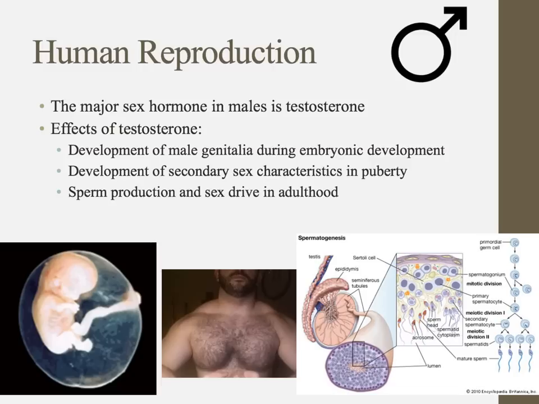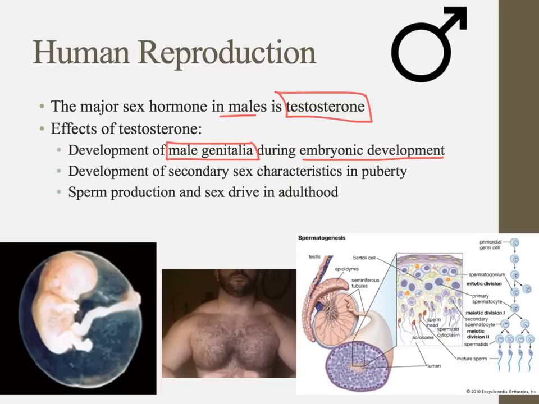Okay, so the major sex hormone in males is testosterone. And testosterone is really a fascinating hormone because it does different things at different points in a male's life. During embryonic development, it helps to develop male genitalia.